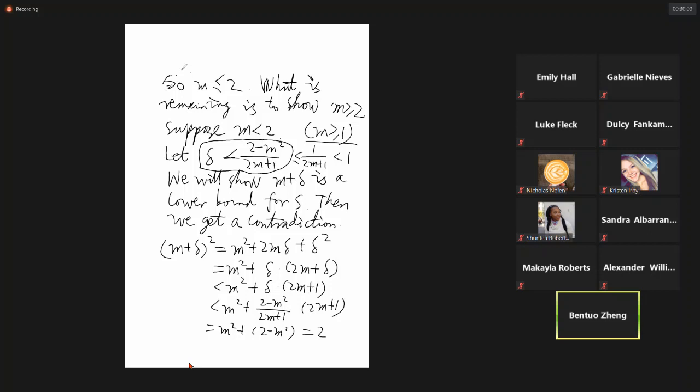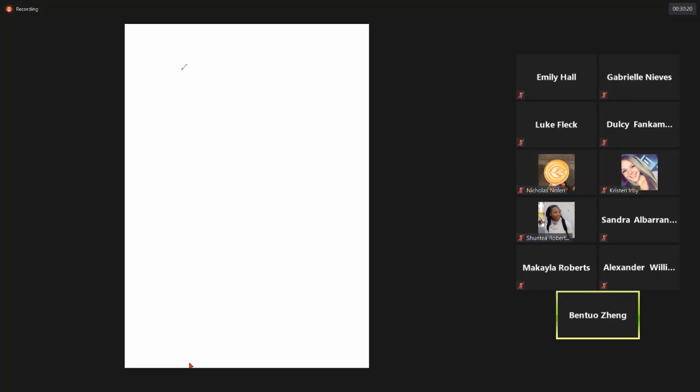So what we actually showed is m plus delta squared is less than 2. Now we want to show m plus delta is indeed a lower bound for S. Remember what we showed is m plus delta squared is less than 2.